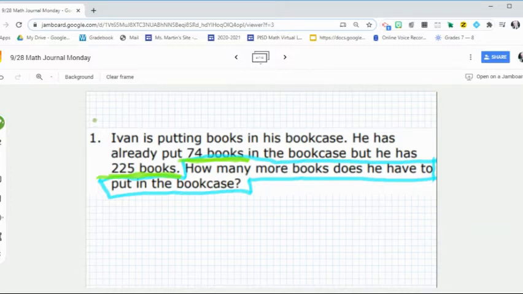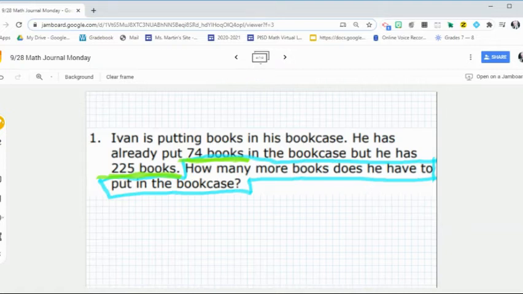Number 3, we're going to circle vocabulary words. Important vocabulary words. What exactly does that mean? Well, those are the words that tell us maybe something mathematical or a process.